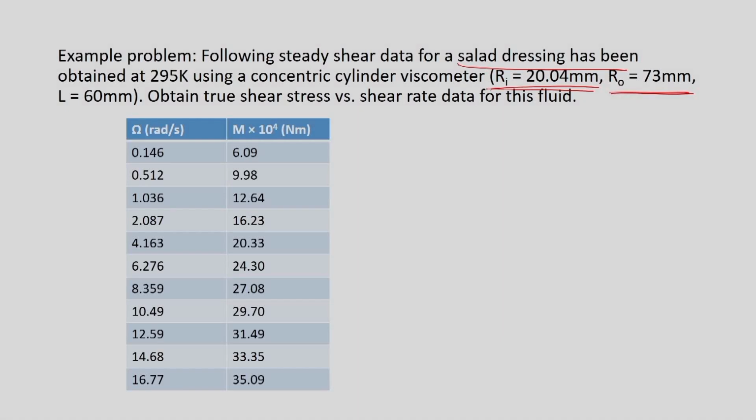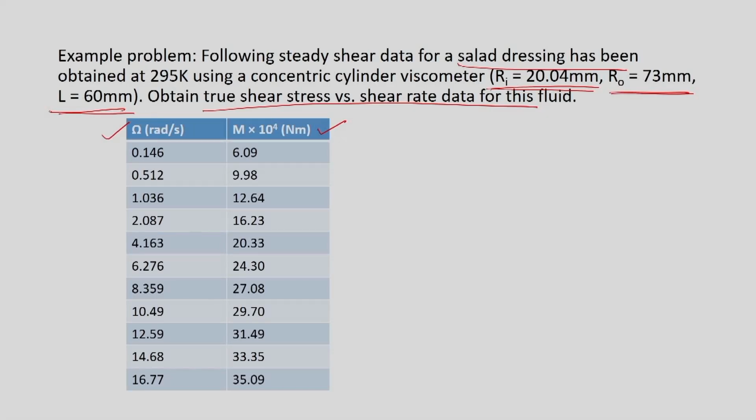That means they are not in the narrow gap because the difference is too much. So, we have to find out how much is the k, and then accordingly we have to use the equations. The height of the cylinder is 60 mm. The rotational velocity of the inner cylinder is given as omega in radians per second, and the corresponding torque generated is given in Newton meter.